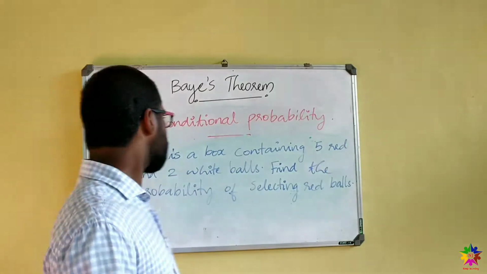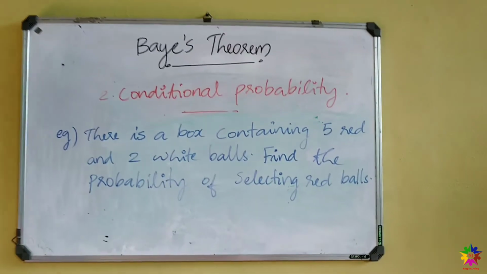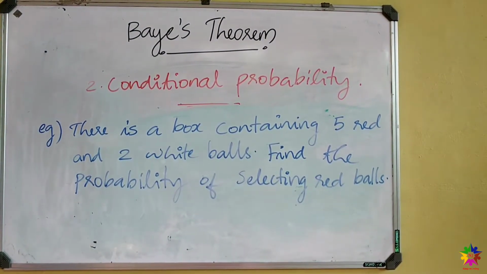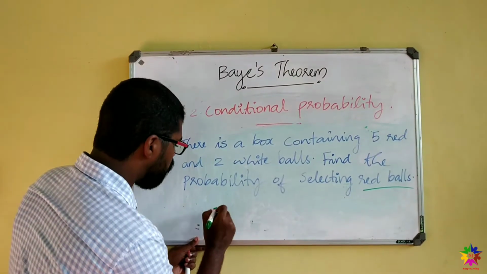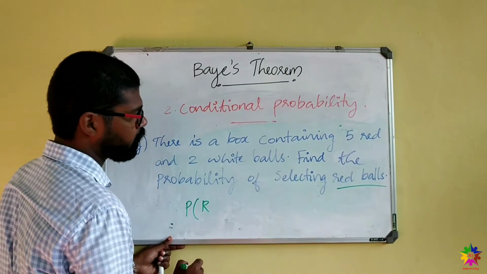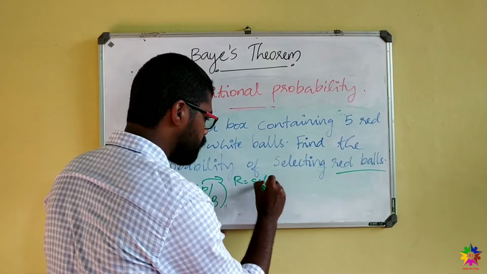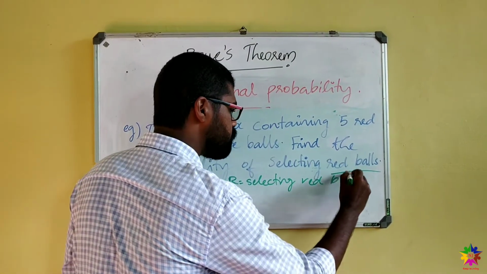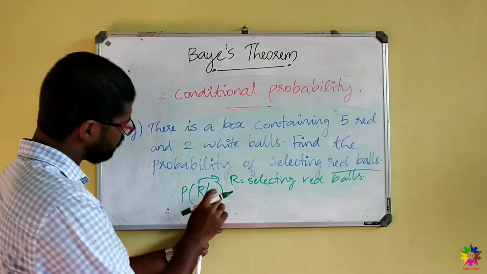Let's see one example. There is a question. There is a box containing 5 red and 2 white balls. Find the probability of selecting red balls. What is the probability of selecting red balls, given there are 7 balls? Since we have only one box, it is very simple.